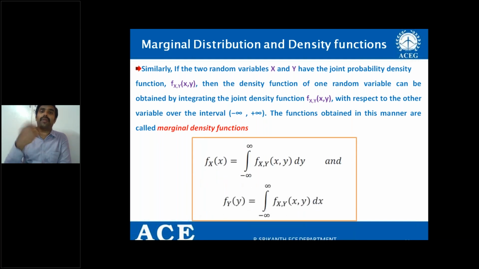Just now we have seen in the properties, small fX of x is the integral from minus infinity to plus infinity of fX,Y of x comma y dy, and small fY of y is the integral from minus infinity to plus infinity of fX,Y of x comma y dx. These are called marginal density functions.